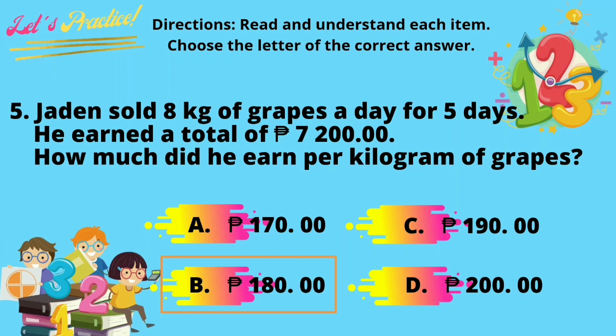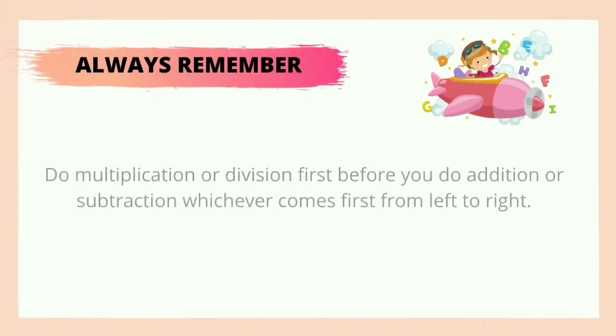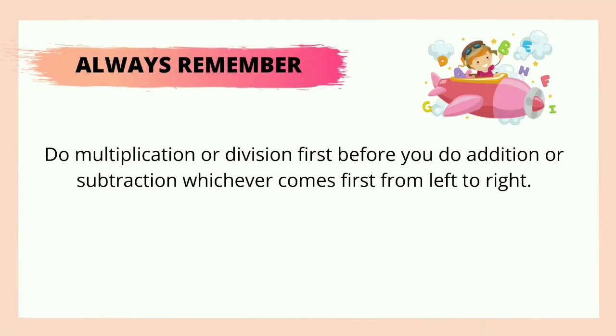Then we are going to divide 7,200 by 40 to get how much he earns per kilogram of grapes. Always remember, do multiplication or division first before you do addition or subtraction, whichever comes first from left to right.